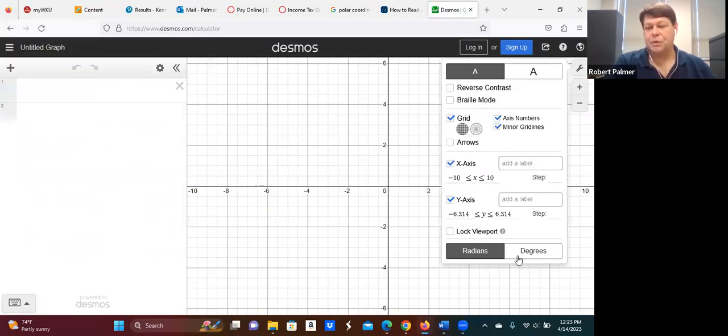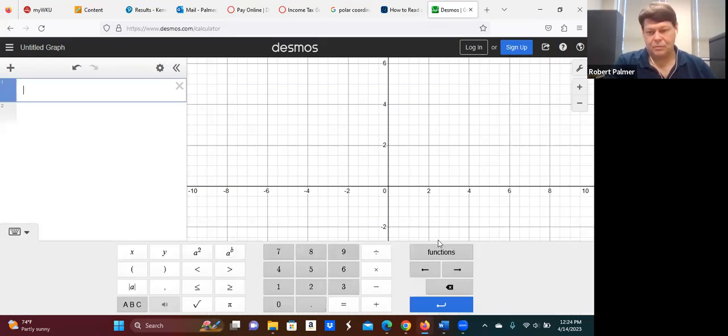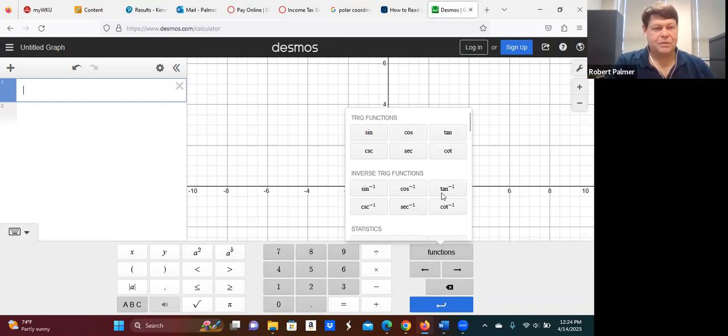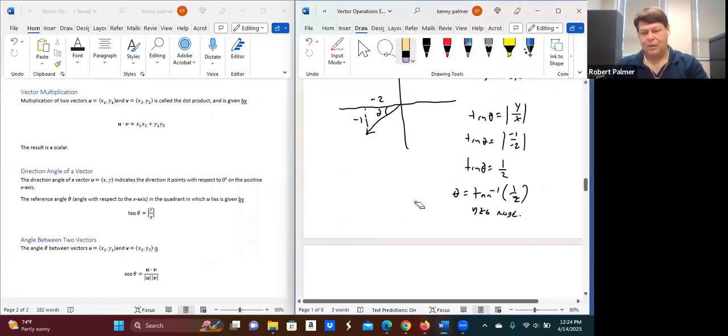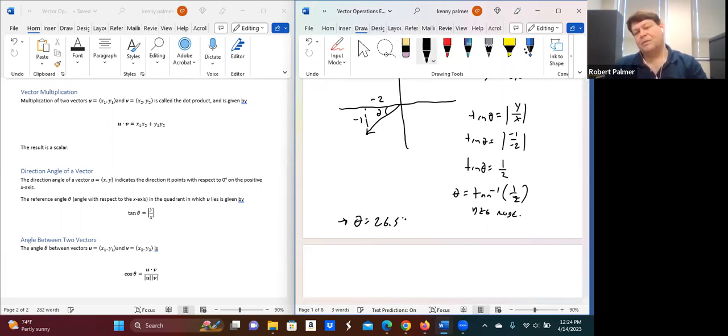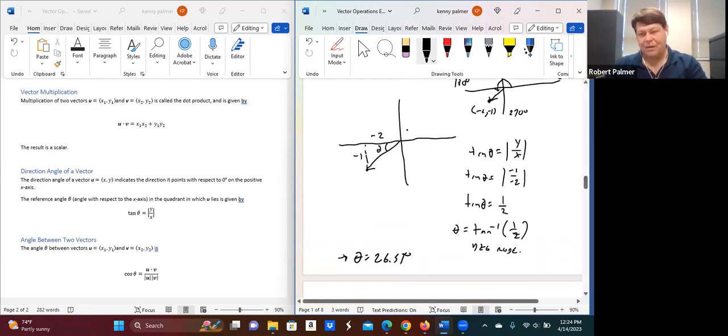Make sure we're in degree mode, then go to functions, inverse tangent, then 1/2. That's approximately 26.57 degrees.